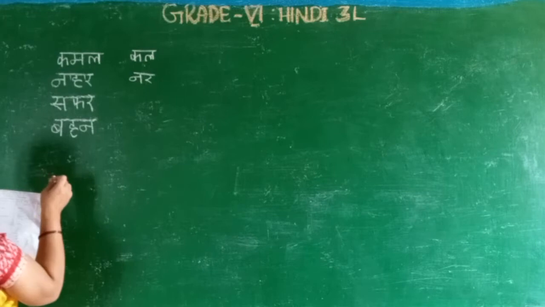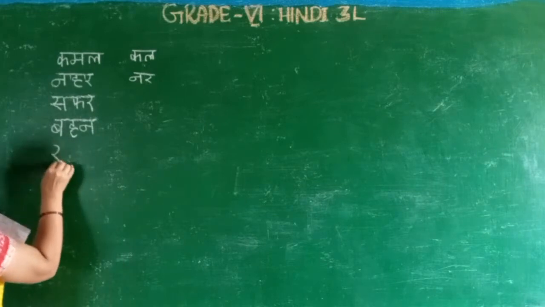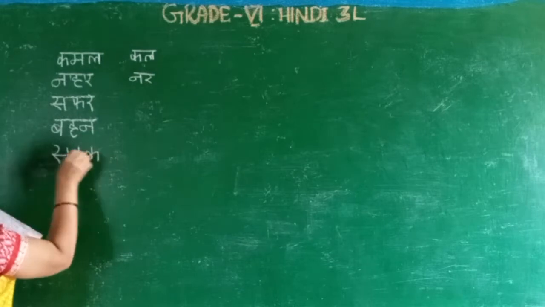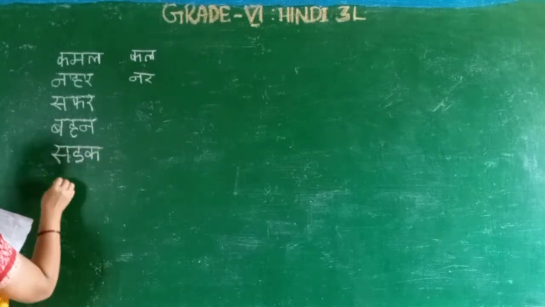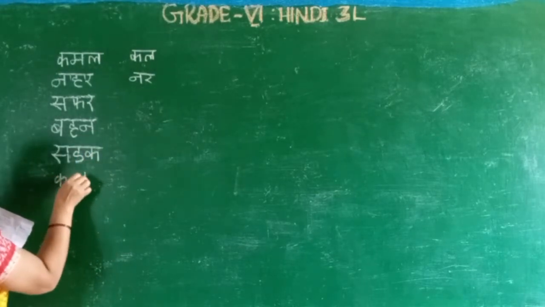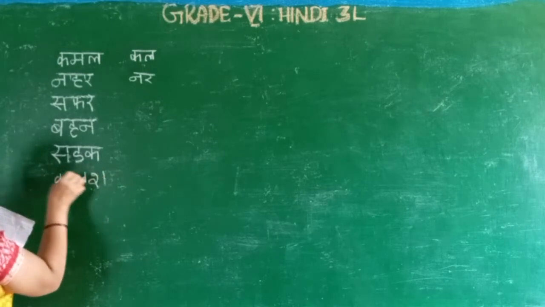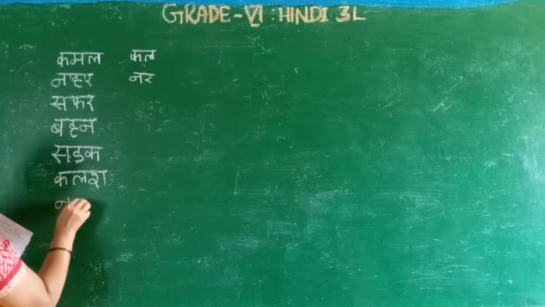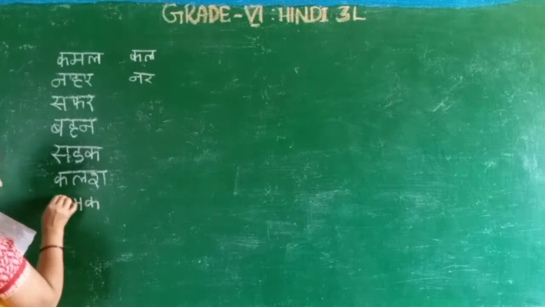And bahan. Next: sa, da, ka, sadak. Ka, la, sa, kalas. Na, ma, ka, namak.